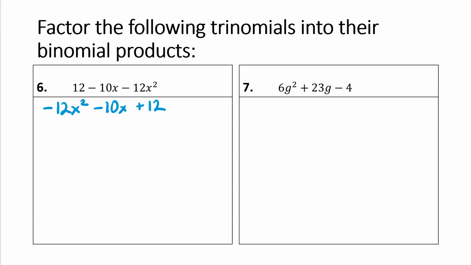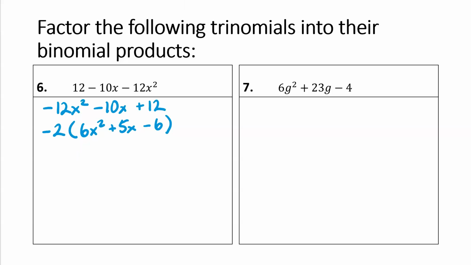Each of those numbers is divisible by 2, but we'll factor out a negative 2 so that the x squared term can be positive when we factor. Negative 2 times a positive 6x squared equals negative 12x squared. Negative 2 times a positive 5x is negative 10x. And negative 2 times a negative 6 is a positive 12. So we factor out that negative 2 so that the x squared term can be positive.